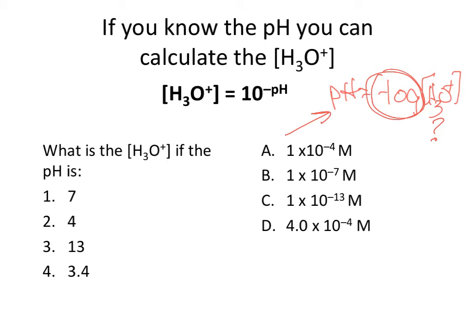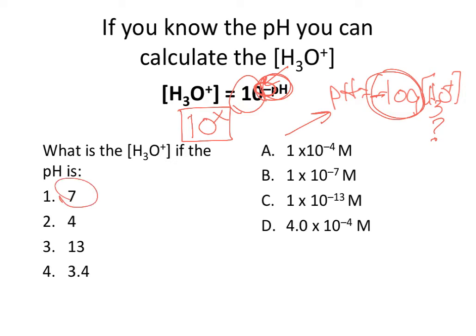Do you remember how to undo log? Since this is log base 10, you're going to use 10 raised to the power of the minus pH. Again, don't forget that minus sign. It's not just a simple log. They threw in a minus sign there. All right, so what you want to find on your calculator is the 10 to the x button. And again, remember to put the negative in for this formula. So let's look at some of them.